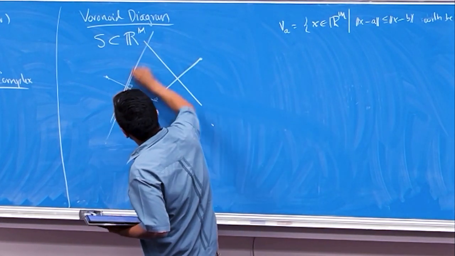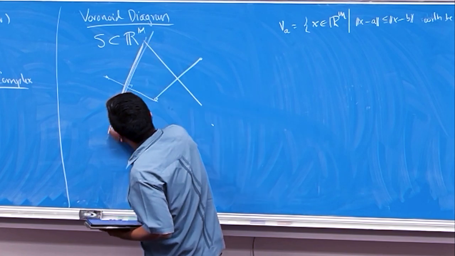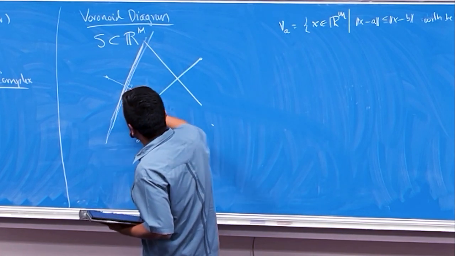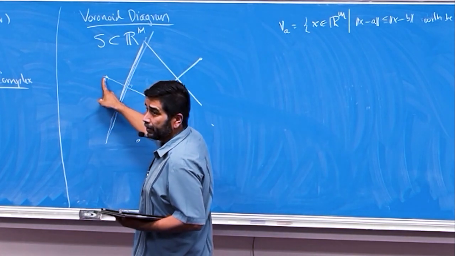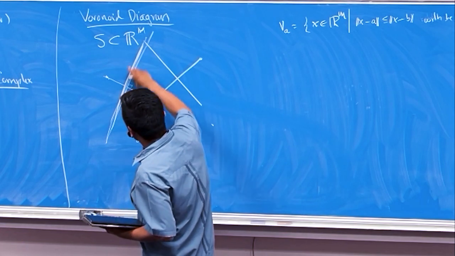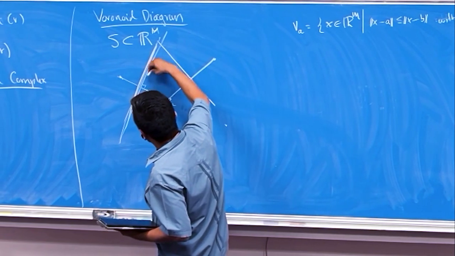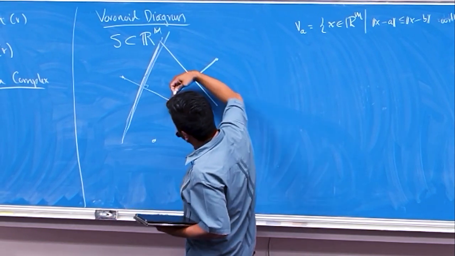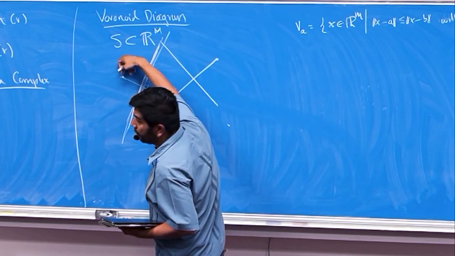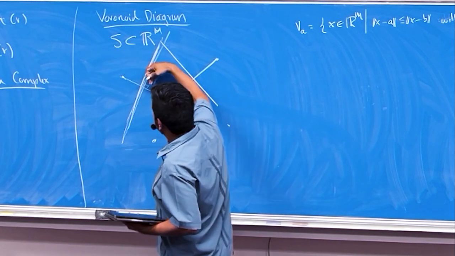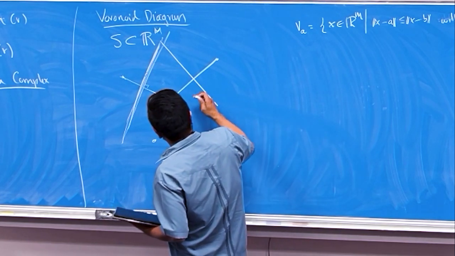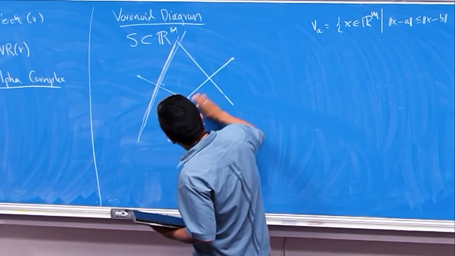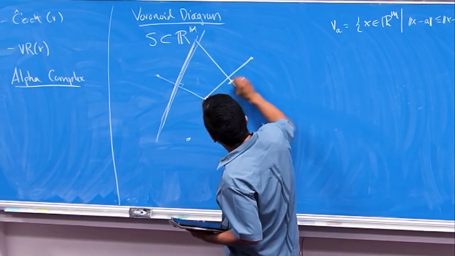which means that the points on this line are at the same distance to A and to this point. Points on this side of the line are closer to A than this other point. The same happens with this line: the points on this side of the line are closer to A than this point.